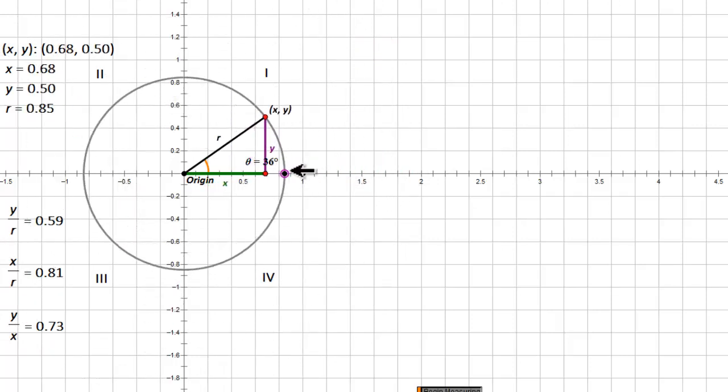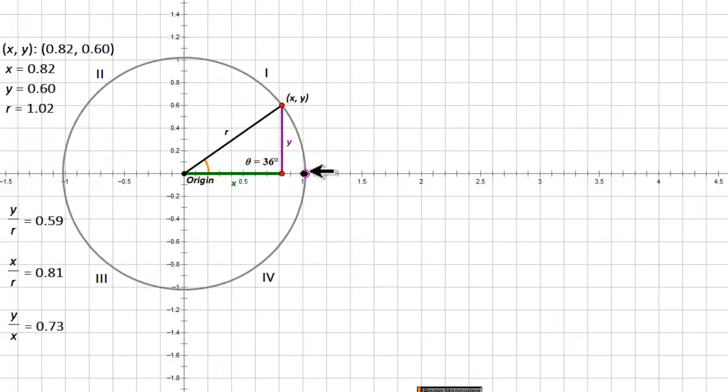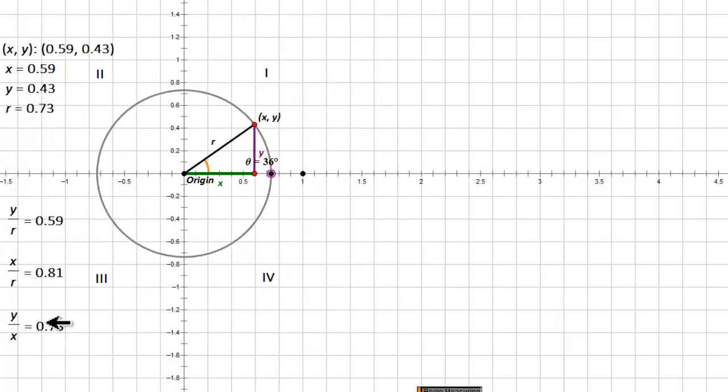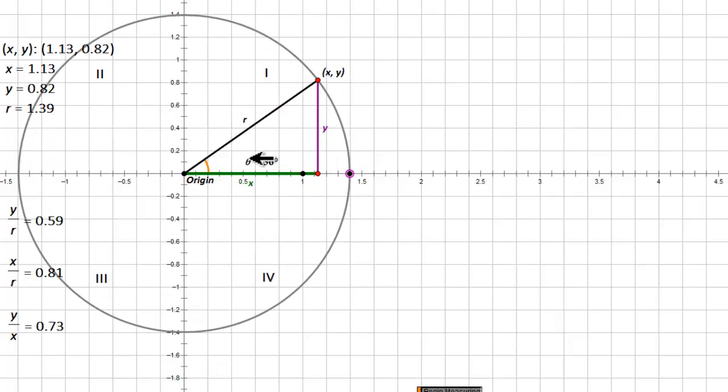So the radius could be different. However, you'll notice that the ratios stay the same. That reflects the fact that this angle is the same, and therefore the ratios are the same, even though the measurements are different.